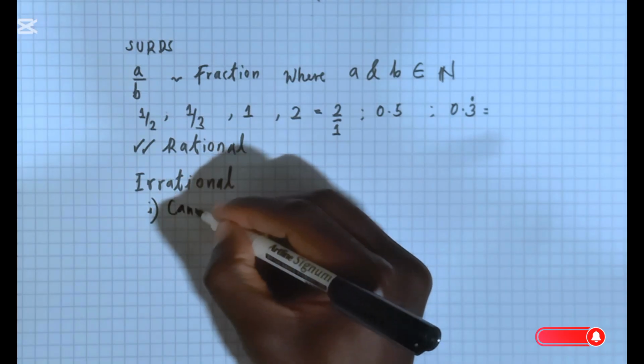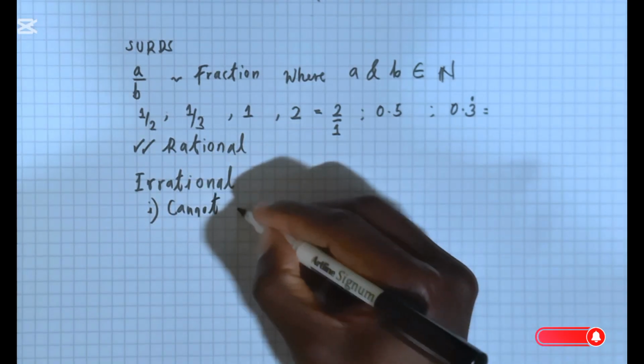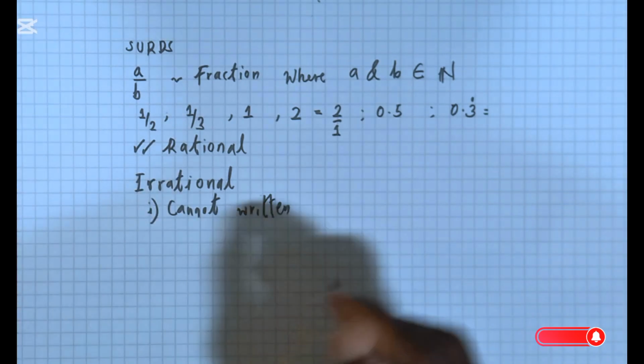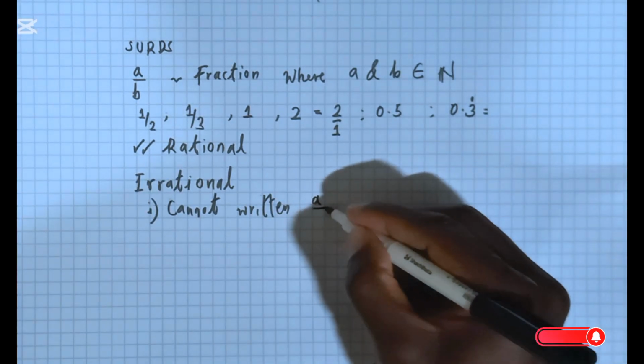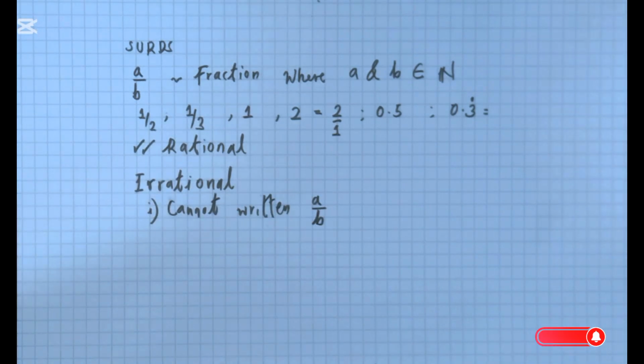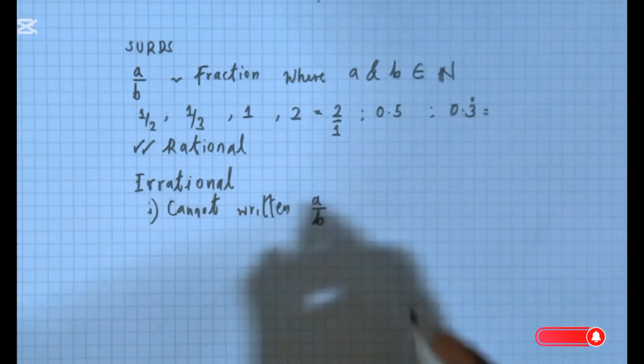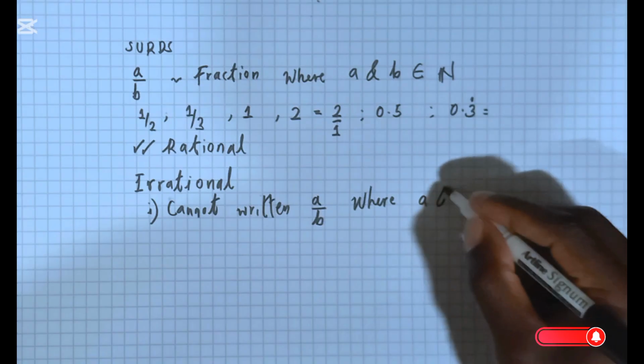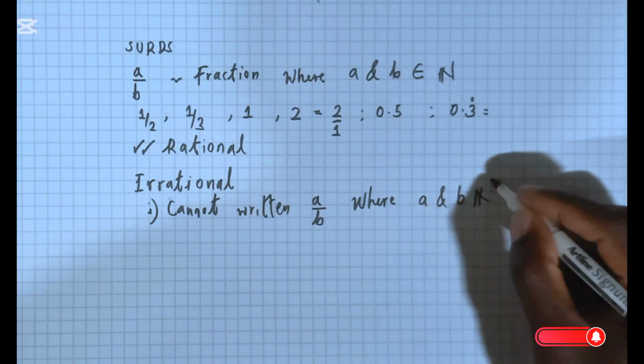For a number to qualify to be irrational, it cannot be written in the form a all over b, where a and b are integers.